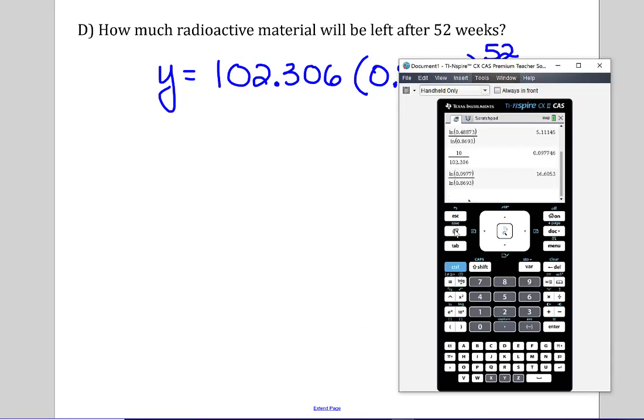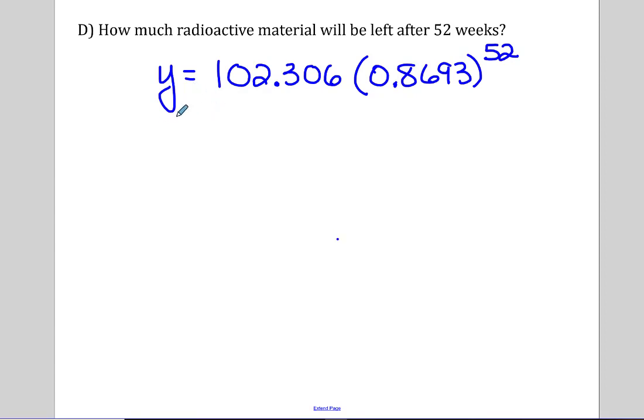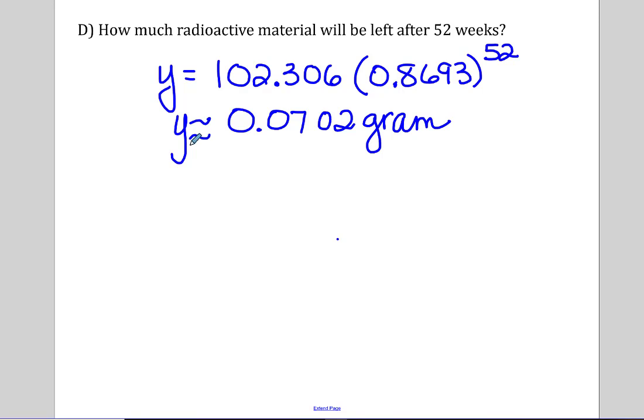So looking at that, we got 102.306 times 0.8693 to the 52nd power for the week. So we got 0.0702 of a gram, not even a whole gram left.